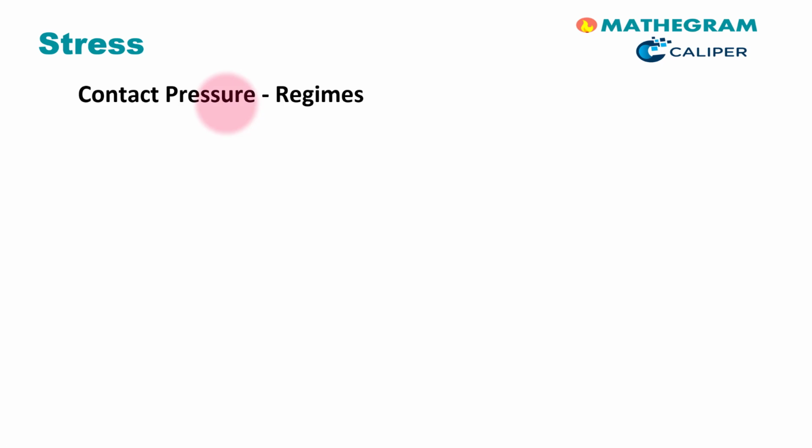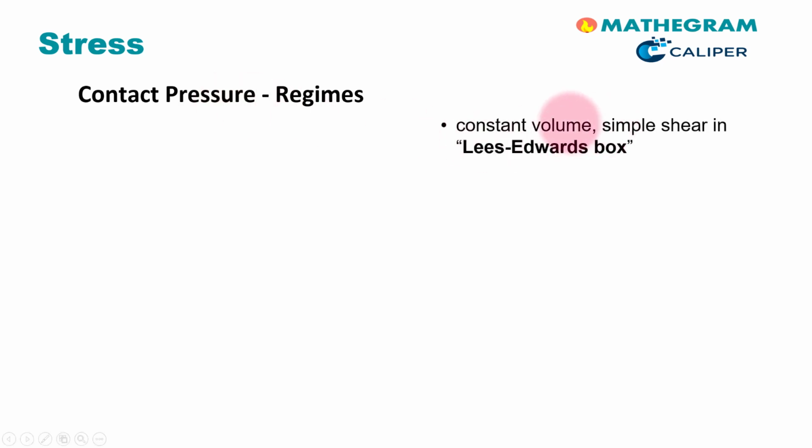The regime map I will show you is based on DEM simulations in a simulation box with constant volume to which a simple shear flow is applied. This means shear happens only in one direction and so-called Lees-Edwards boundary conditions are applied. The latter are specific boundary conditions that I will introduce in a minute.